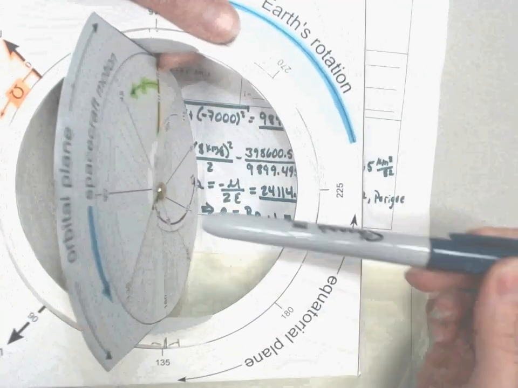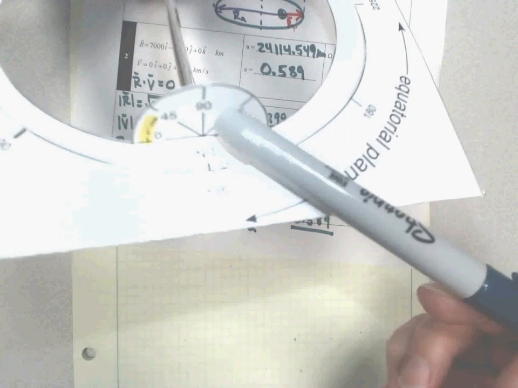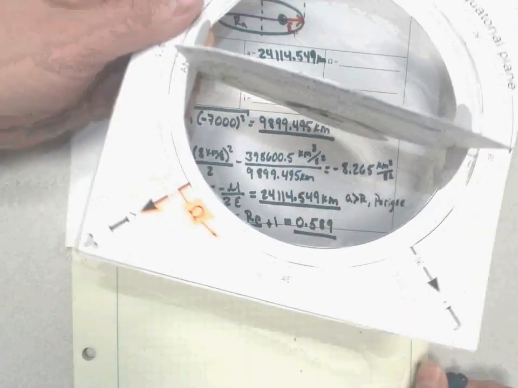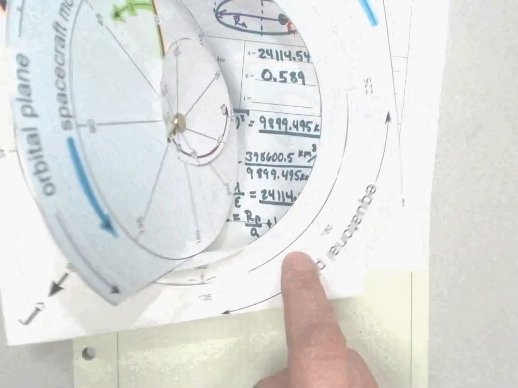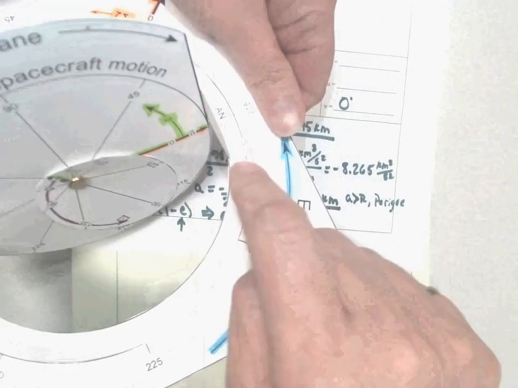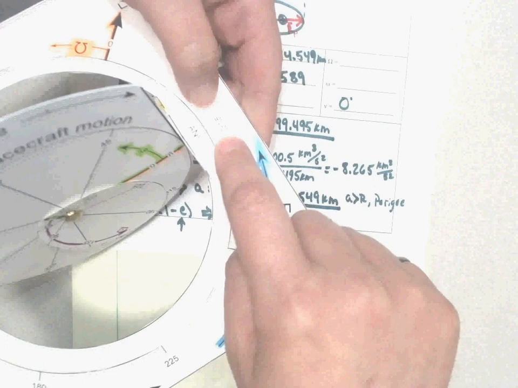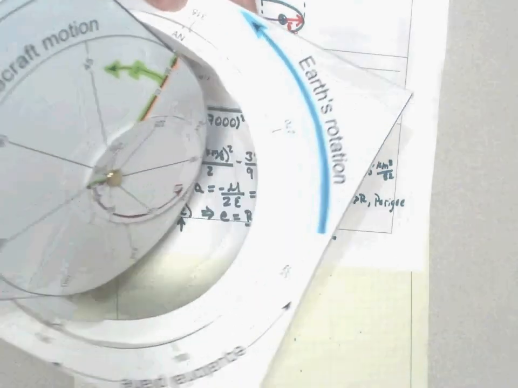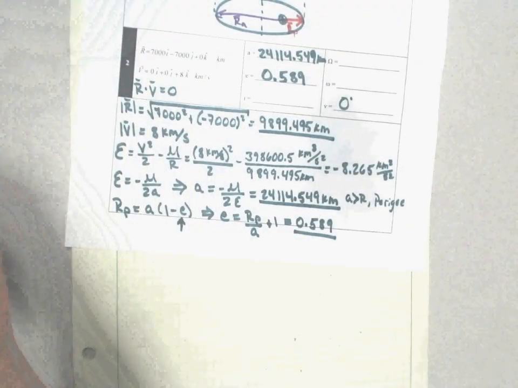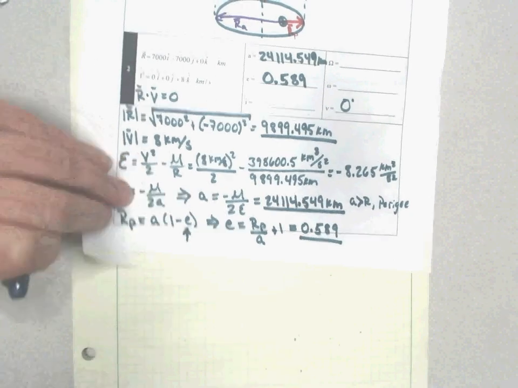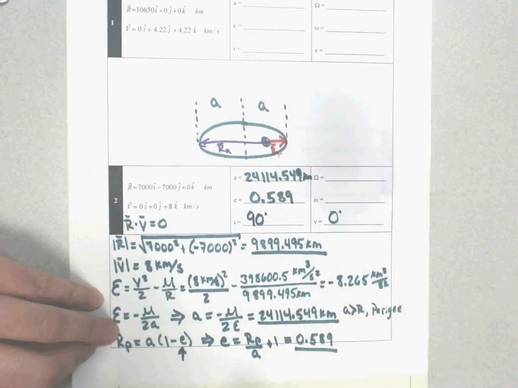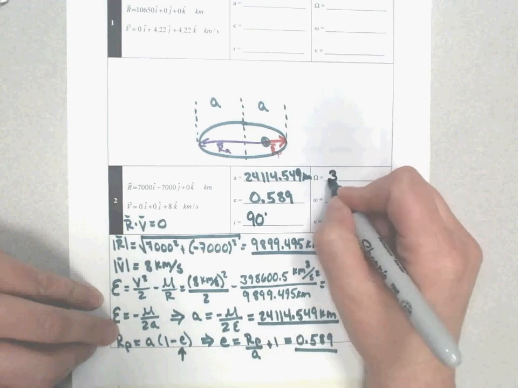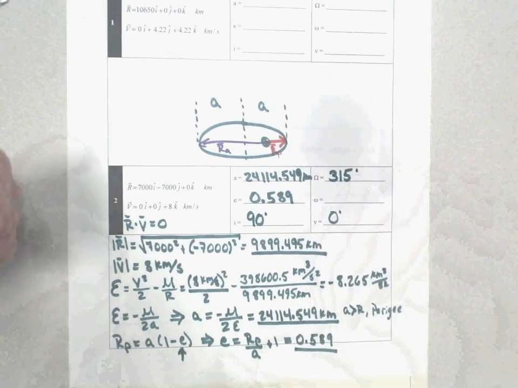When this is straight right here, I have an inclination of 90 degrees. And from my I vector until I get to my N vector is 315 degrees. So I can fill in those. I know that my inclination is 90 degrees, and right ascension of the ascending node is 315.